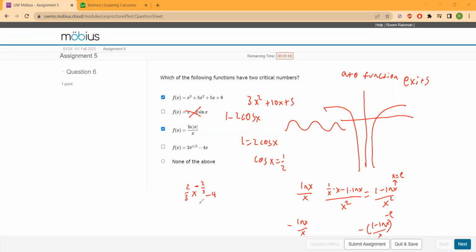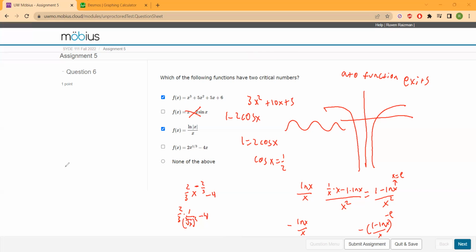Let's draw it out before we run to our conclusion. So what would this look like? It would look like 2/3 times 1 over the cube root of x squared, minus 4. So this would only yield one x, I believe. One critical number.